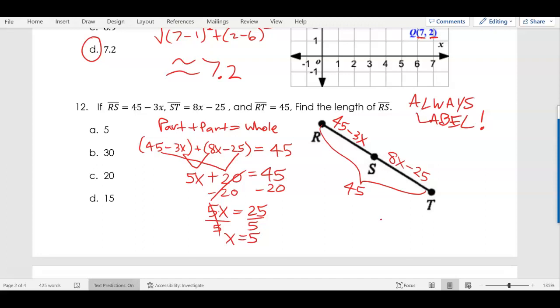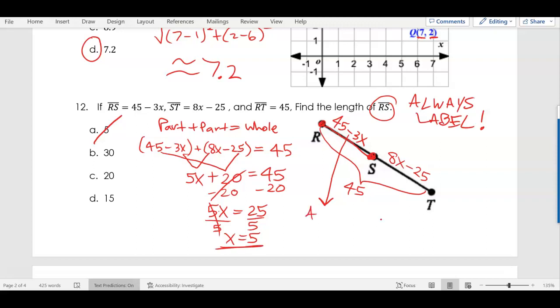So should I answer A? Should I? When it says to find the length of RS, okay? So 5 is not the answer. X is not what RS is, okay? So do you see how between R and S is this right here, 45 minus 3x. If I know x equals 5, then I'm going to replace that x with a 5.